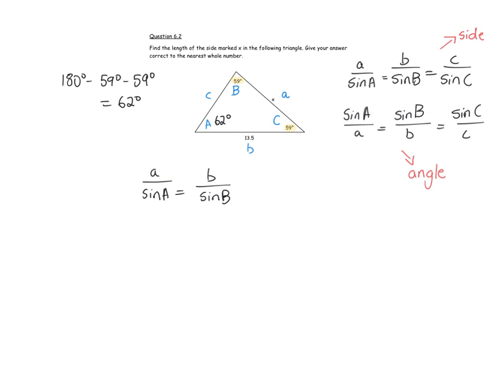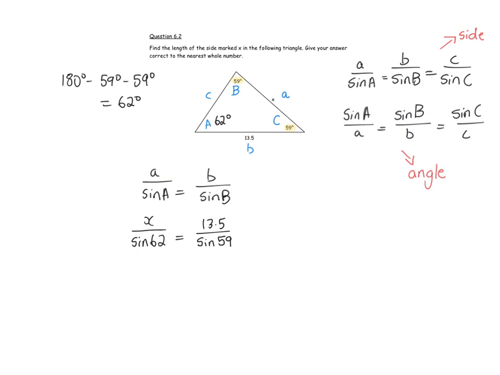Filling in the information we have then, so x over the sine of A, and A is 62, so the sine of 62, is equal to b, which is 13.5, over the sine of B, which is the sine of 59.